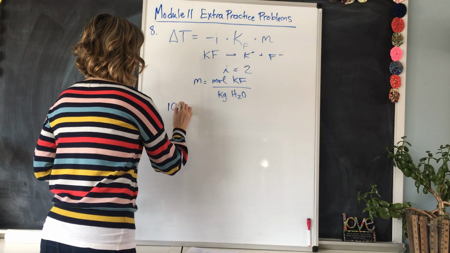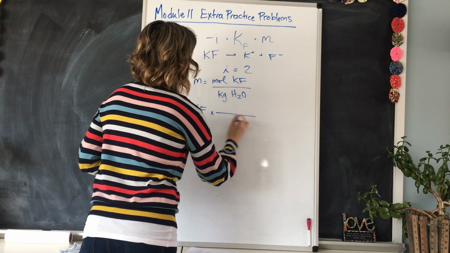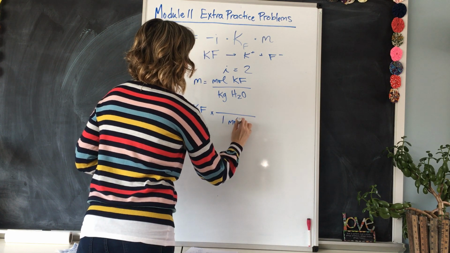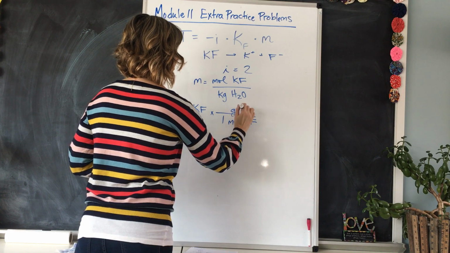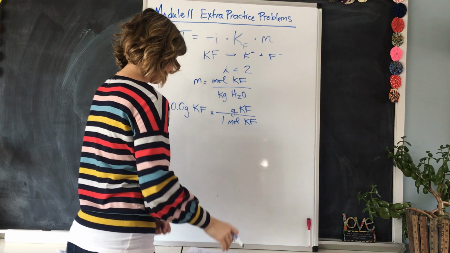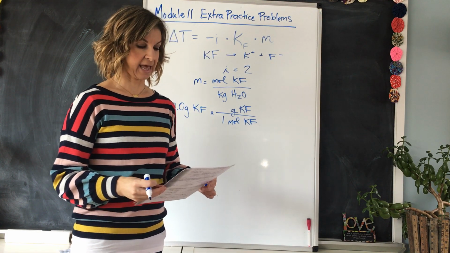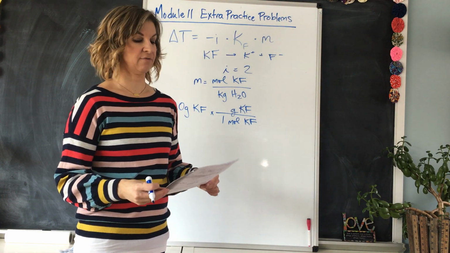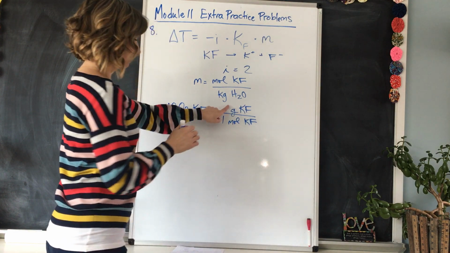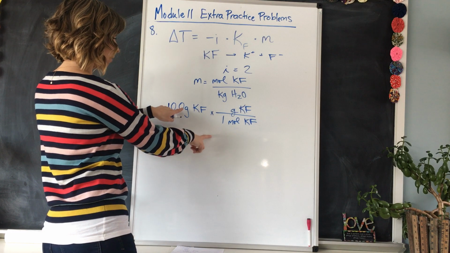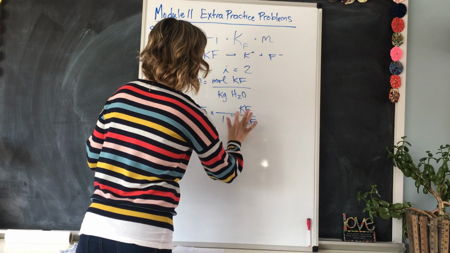10.0 grams of KF times this ratio, 1 mole of KF has how many grams of KF? Look in your periodic table, add the values for K and for F. Oops, I put the units in the wrong place, because remember I want my grams to cancel out, so grams has to be on the bottom.